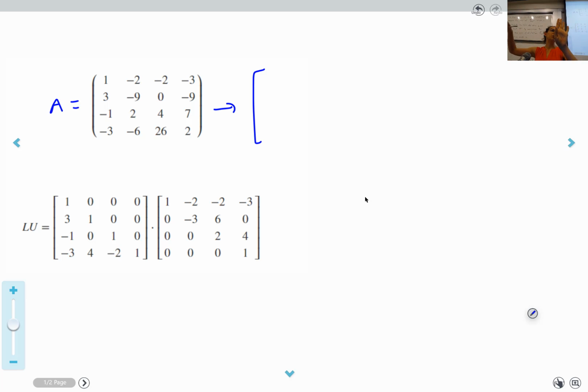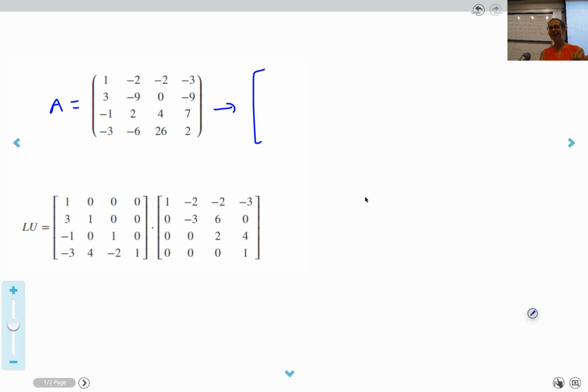Like you're trying to reduce it to... Well, there are a lot of different ways to talk about it. I was just going to say you want to get rid of everything beneath the 1, turn those all into zeros first.